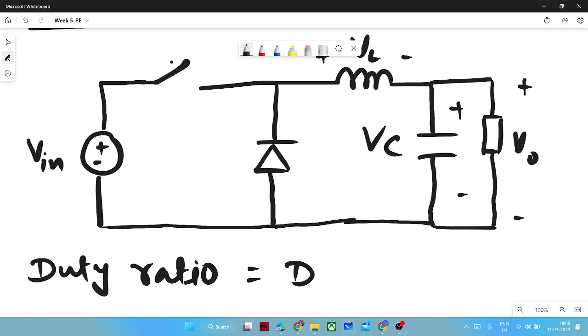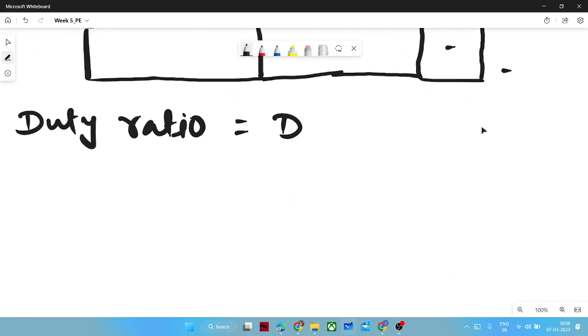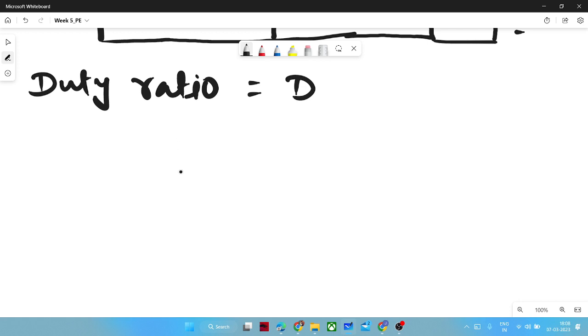How much time any particular switch is turned on for a particular time period. So let me define it. D is nothing but T on by T.